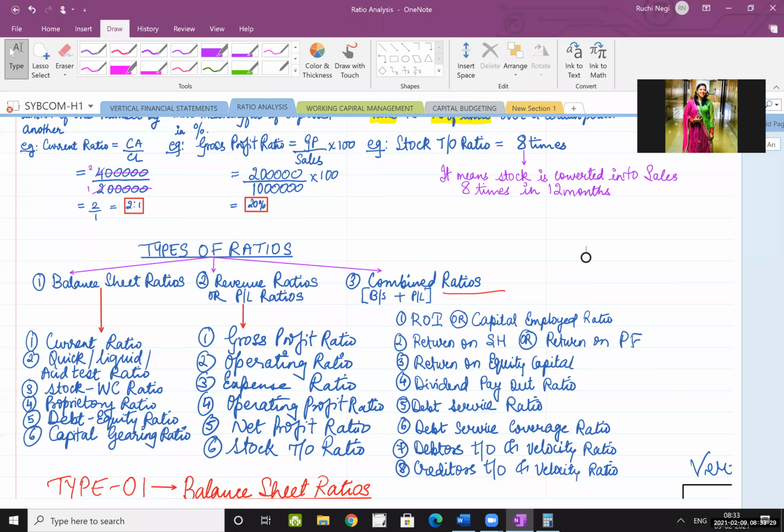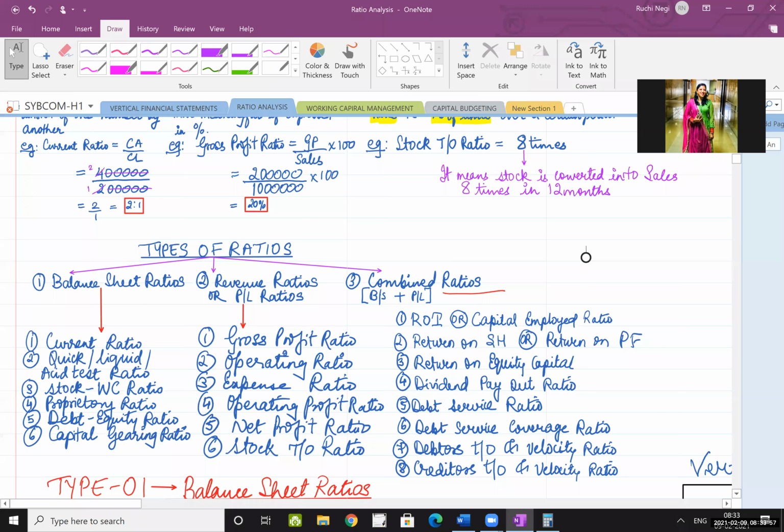So the best thing is, when I study balance sheet ratios, my numerator and my denominator, the formulas that I will use, both will be from the balance sheet only. When I study P&L ratios, my numerator and my denominator will both be from revenue, that is the P&L account.